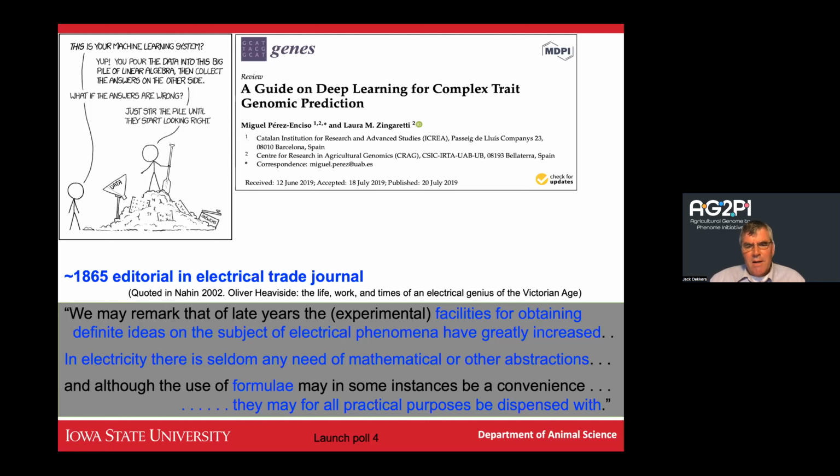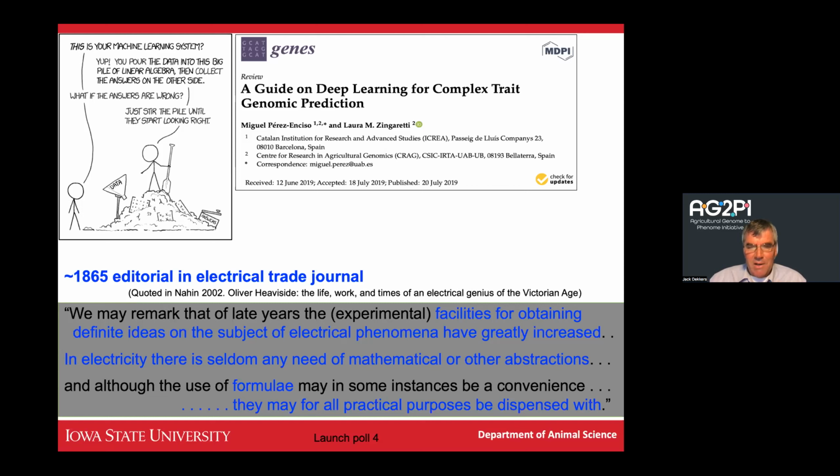So this person was really arguing against using math to develop electric equipment and electronics. And he or she said that although the use of formulas may in some instances be a convenience, they may for all practical purposes be dispensed with.